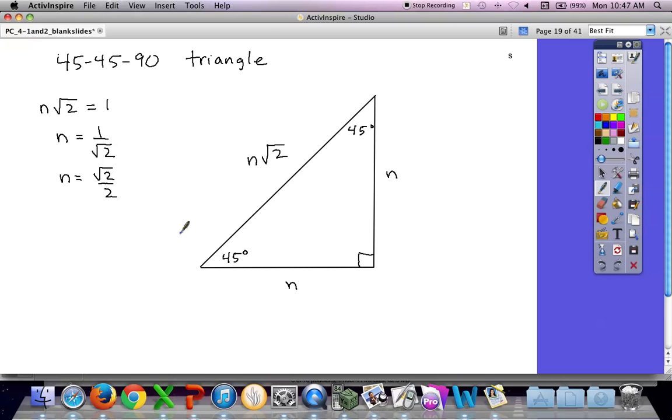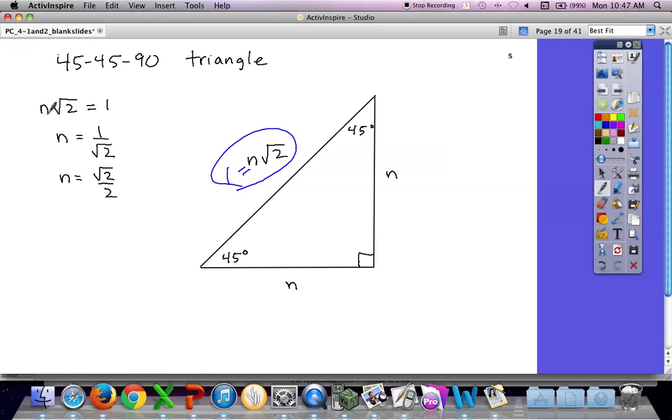Now, when we put this 45, 45, 90-degree triangle on the unit circle, then the hypotenuse of our triangle is going to be the radius of the circle. But we know what the radius of the circle is. It's 1, right? So that will give us enough information that we can solve for the lengths of the other two sides.